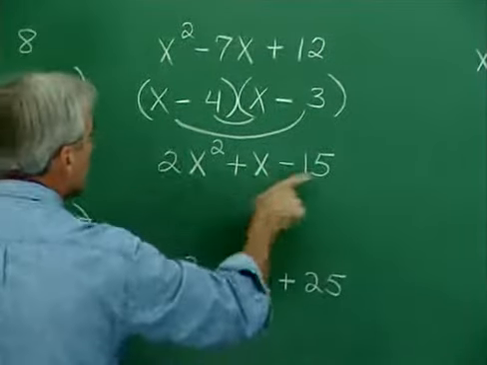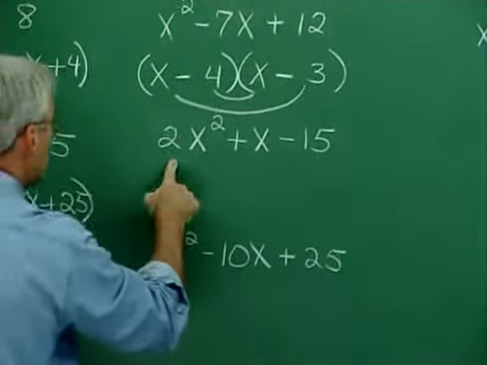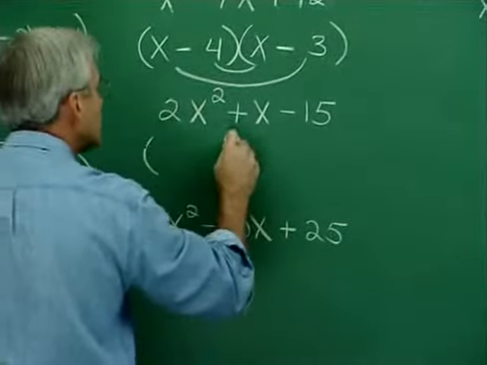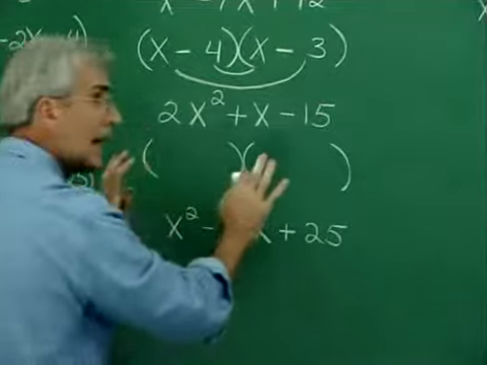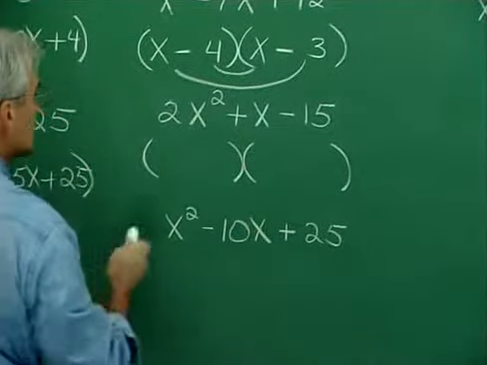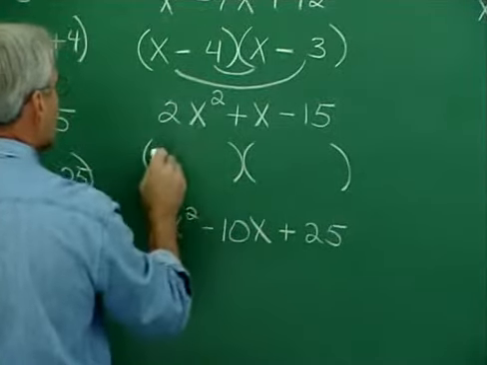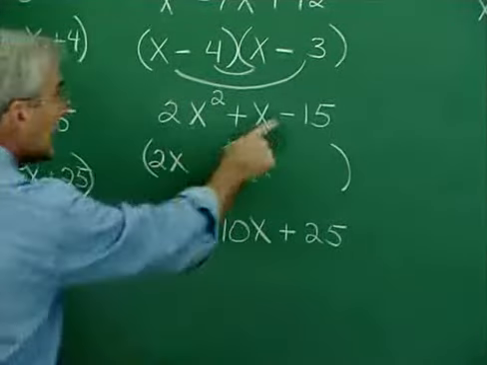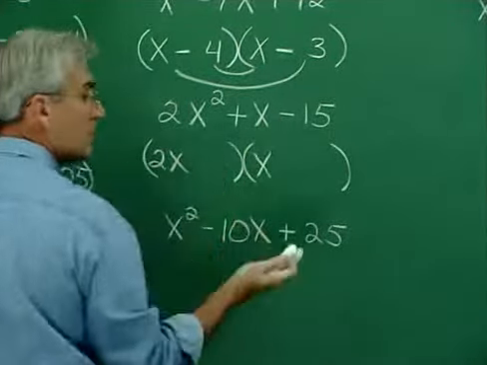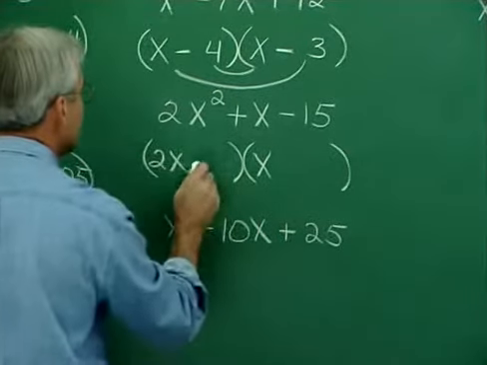Now, here's one with a leading coefficient that's different from 1. It presents us with more options, I guess, to try in this trial and error process. The factors for 2x squared would presumably be 2x times x. Now, the last sign is negative, so it's a plus-minus combination. And just guess at this.